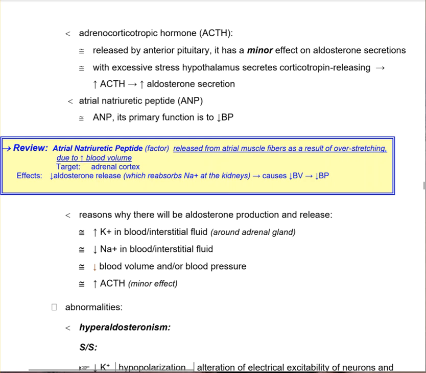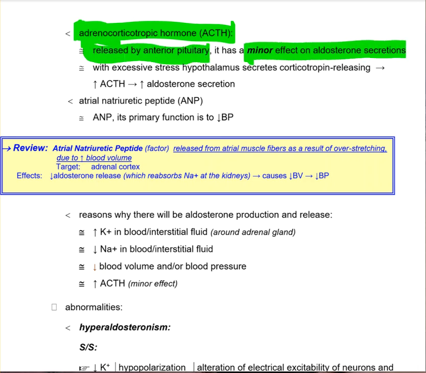So when we release this from the anterior pituitary, right, it has a minor effect on aldosterone secretions, so that means increased release of ACTH will increase aldosterone. So this is one way we can get a little extra aldosterone, as if we're releasing ACTH from the anterior pituitary.